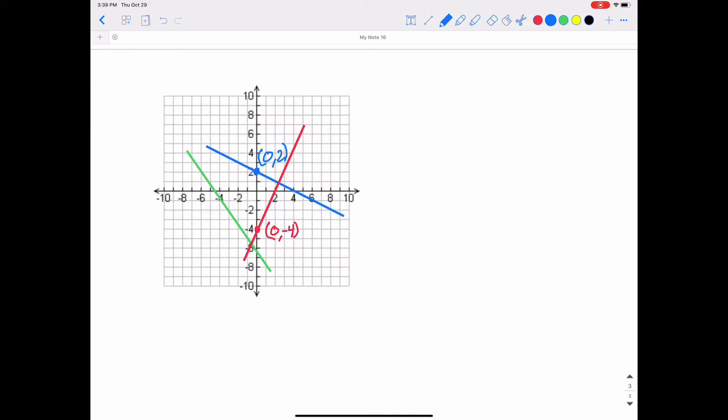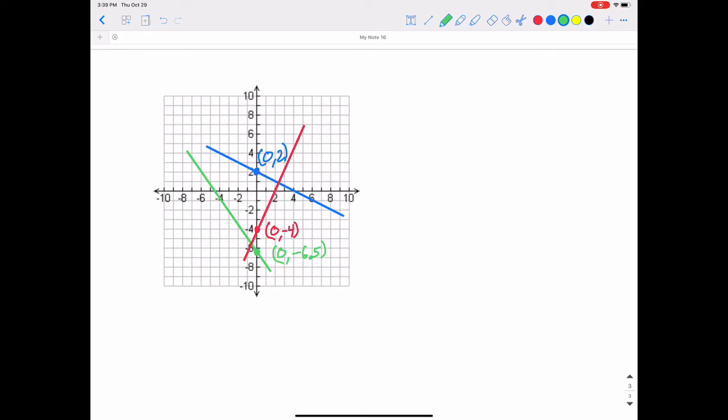And what is the point where the green y-intercept is? That's about right here, and I would say that is about (0, -6.5). Let's try to draw that a little bit nicer. -6.5. There you go. You can probably read that better.